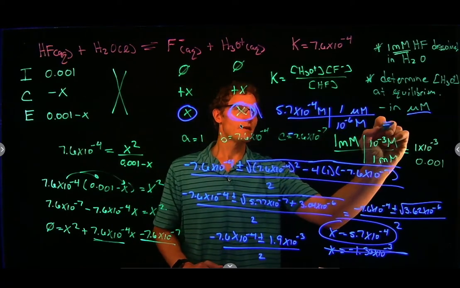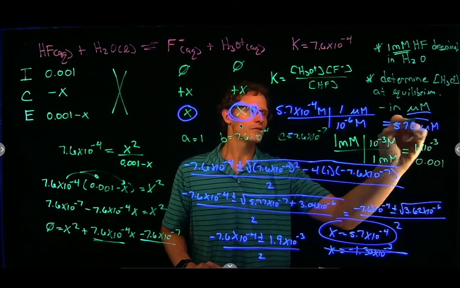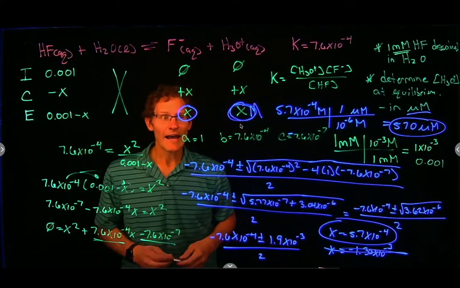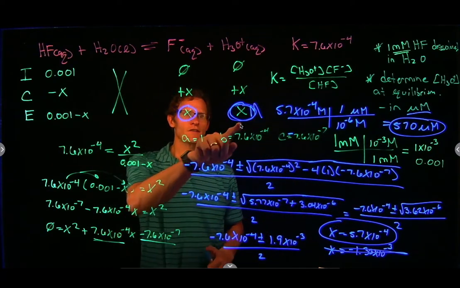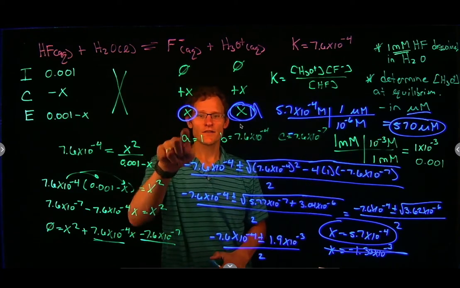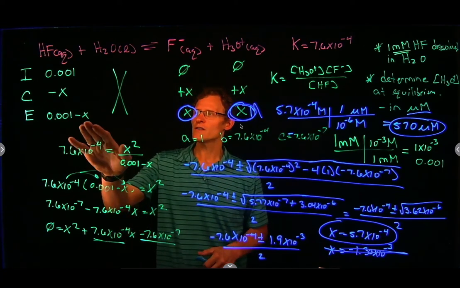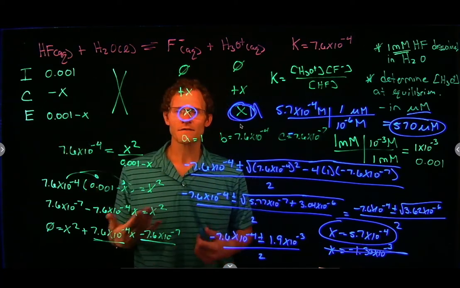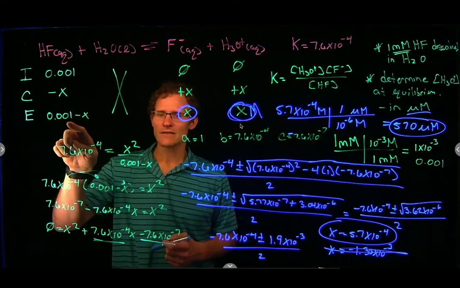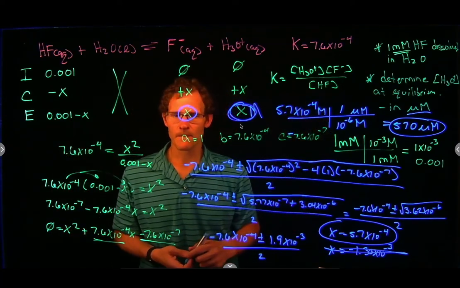This ends up being 570 micromolar. So at equilibrium, the concentration of hydronium is 570 micromolar. The concentration of fluoride is also 570 micromolar. And if you wanted to, you could figure out the concentration of hydrofluoric acid by taking 0.001 minus this value.